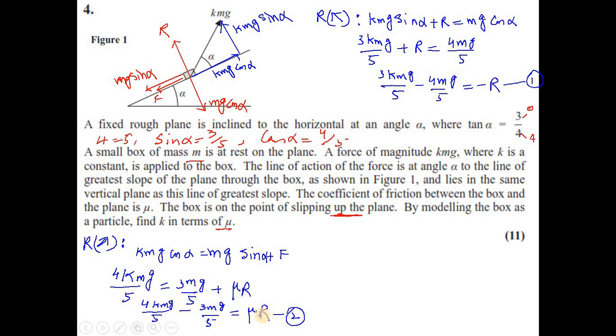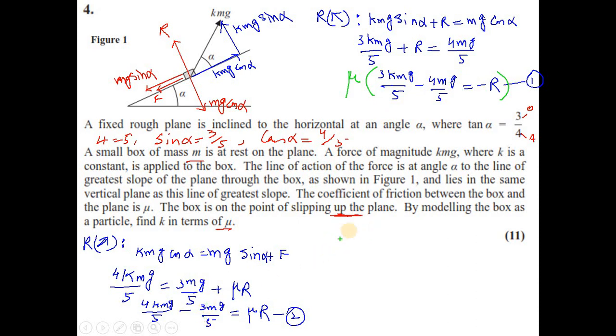And how can we do that? If you look closely, you can think that if you multiply this whole equation 1 by mu, then on the right-hand side you have a minus mu R, so you can add 1 and 2 so that you can cancel mu R and mu R. So you multiply this equation by mu and then add 1 and 2.